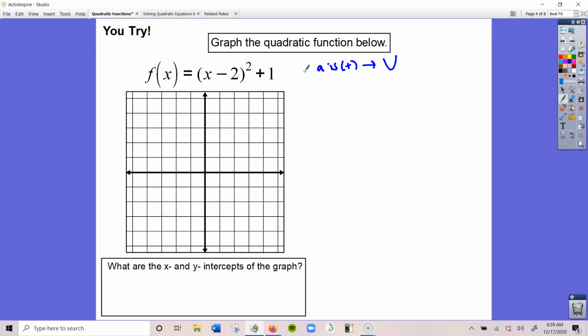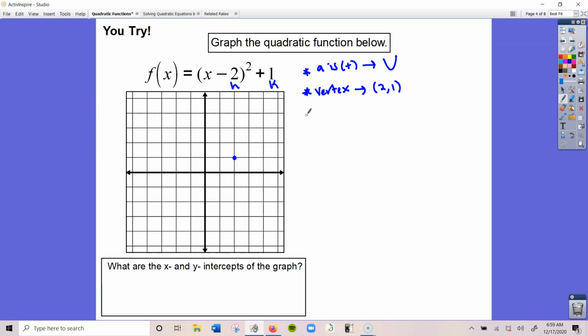Now to figure out my vertex. Remembering that this is h and this is k, my vertex is (2, 1). So I can already go and plot that here.